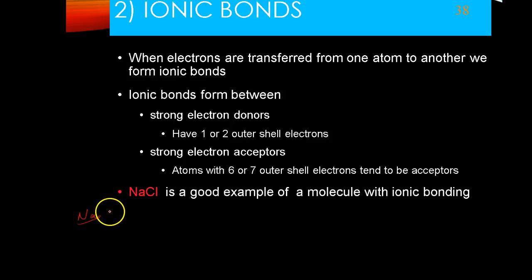If you're looking at your tables, the atomic number for sodium is 11. The atomic mass, and remember to use the rounded atomic weight, is 23. So the number of protons, which comes from the atomic number, is equal to 11.